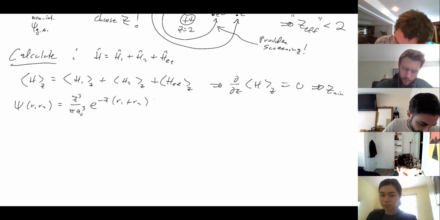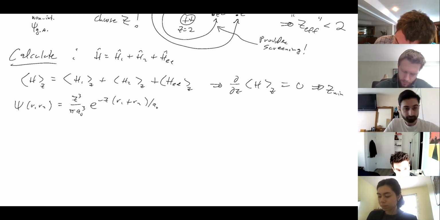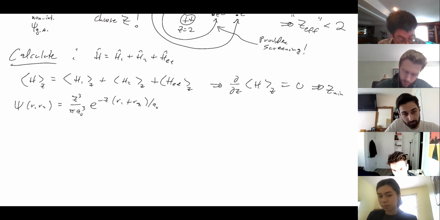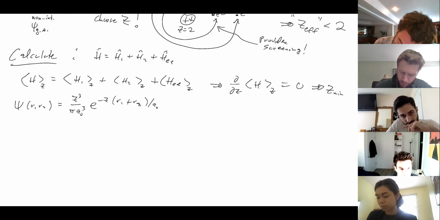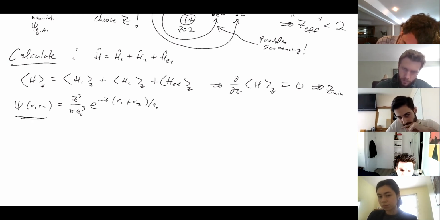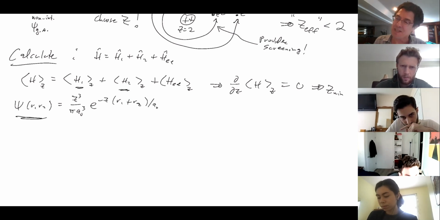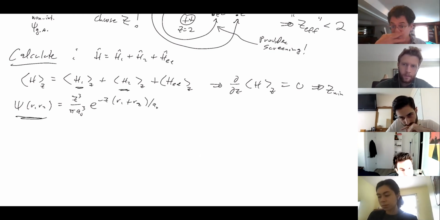There's a mathematical trick to notice, which you wouldn't have figured out on your own probably, but once someone points it out to you, you can see it's kind of cute. We notice that this is no longer an eigenstate of H1 and H2. It almost is, but it's not. And the reason is because if z was 2, then it would be an eigenstate, but z is not 2. Z is an arbitrary function.